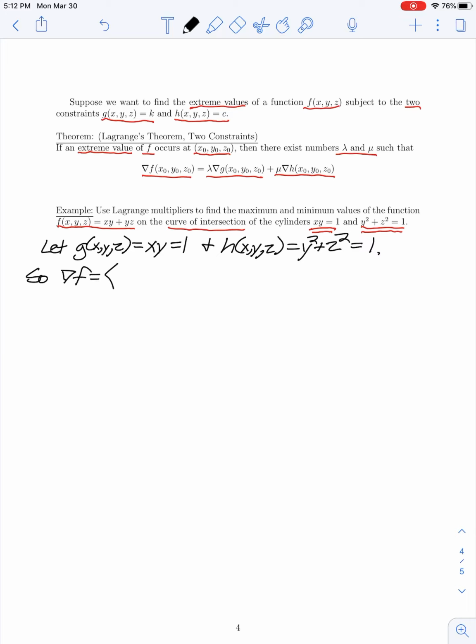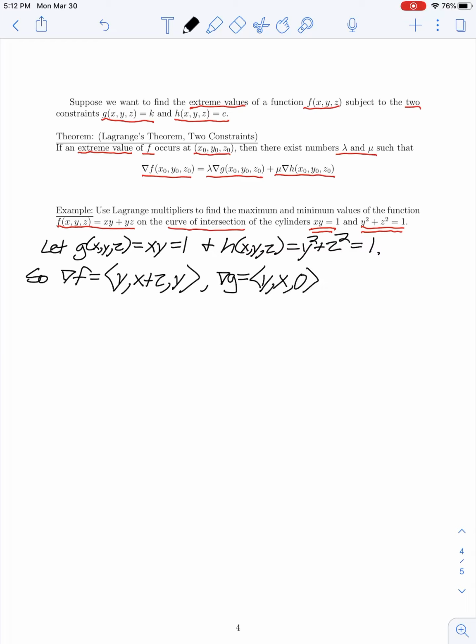So in order to set up our equation for the method of Lagrange multipliers, we need to find the gradient vectors of f, g, and h. Let's start with the gradient of f. Here our first component would be y, our second component is x plus z, and our third component would be y.